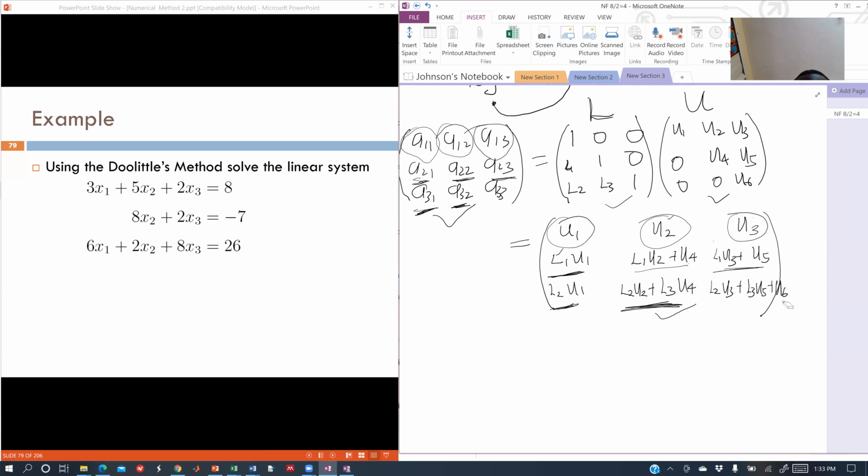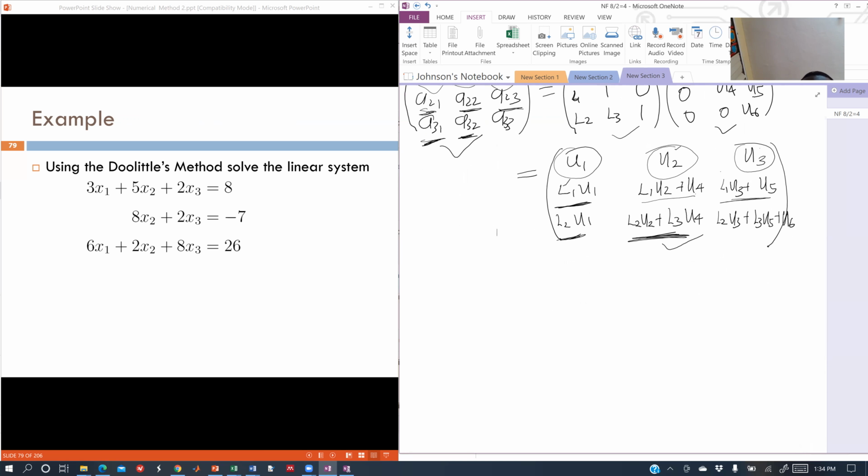So let's see, for the coefficient matrix, everyone here agrees with me that the coefficient matrix is going to be, or let me put the system into the matrix form. The system in matrix form is going to give us 3, 5, 2, 0, 8, 2, 6, 2, 8 times x1, x2, x3 is equal to 8, minus 7, 26.